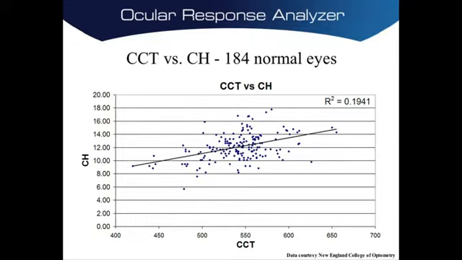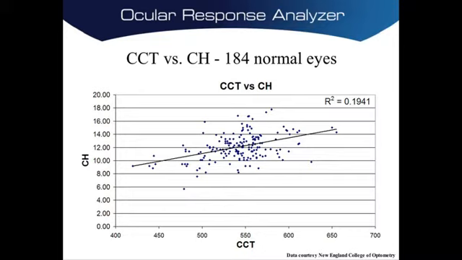And there's a lot of scatter in the middle in these normal eyes that we're looking at in this particular example. So what that means is that corneal thickness in and of itself is not an accurate representation of the overall biomechanical properties of the cornea.